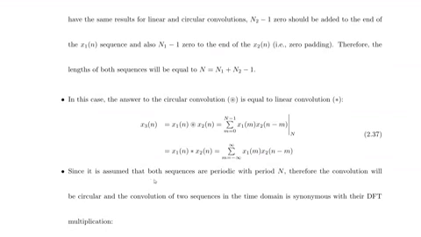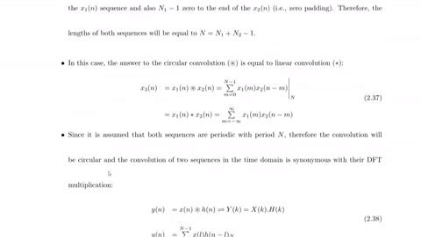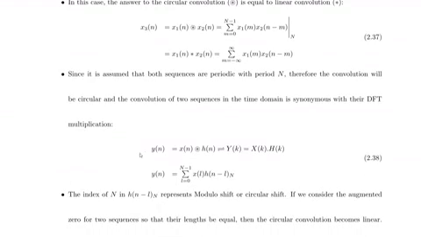Since it's assumed that both sequences are periodic with period N, therefore the convolution will be circular, and the convolution of two sequences in the time domain is synonymous with their DFT multiplications. Okay, again, we have repeated the idea.